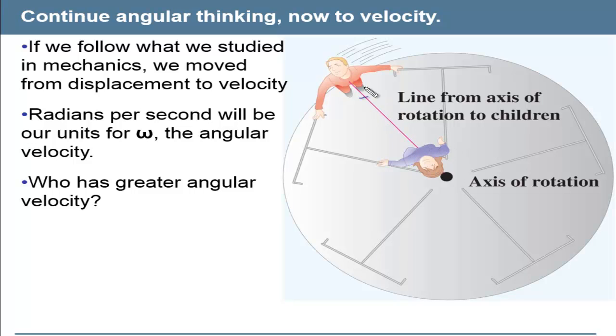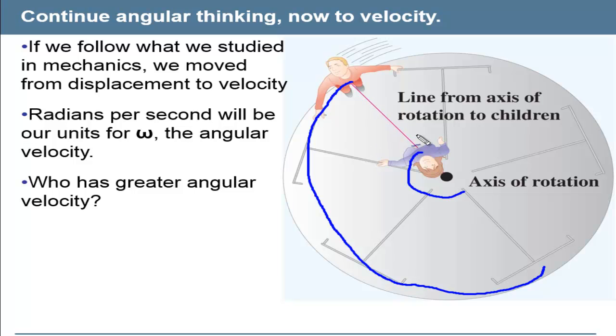Hopefully you said, well, if he rotates around this far, let's say he does a half circle, he's gone 180 degrees, or pi radians. Well, she would come around and rotate this far. What angle is that? That's also 180 degrees, or pi radians. So they've both turned the same angular displacement.